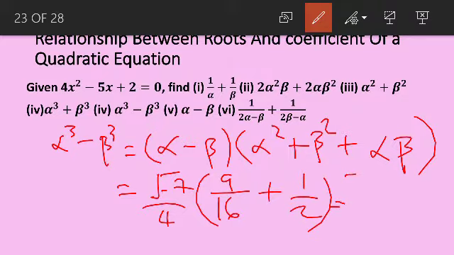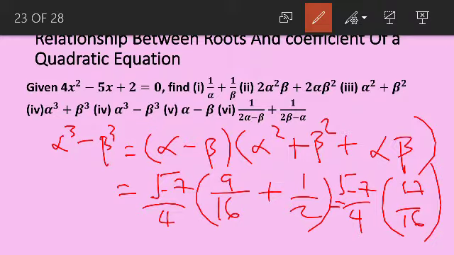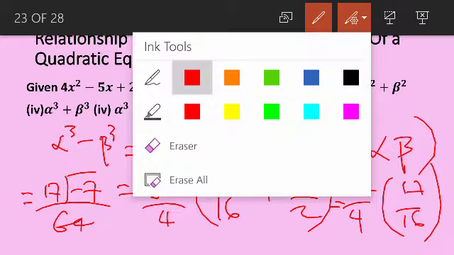That means square root of minus 7 over 4 into 17 over 16, and you can use your calculator to do that. That will give us 17 root minus 7 divided by 4 times 16, which is 64. So that's the answer to that very question.